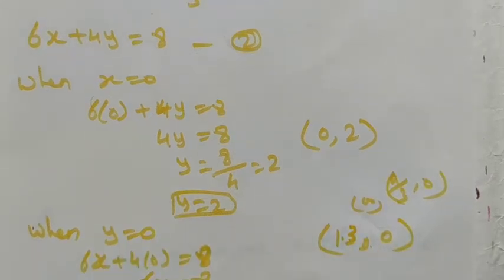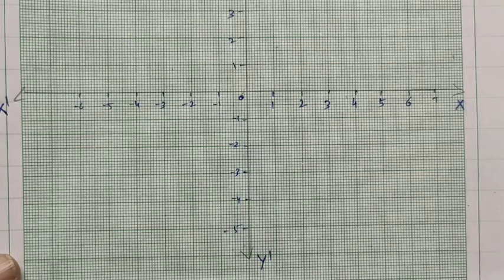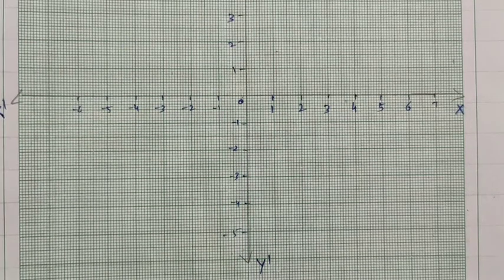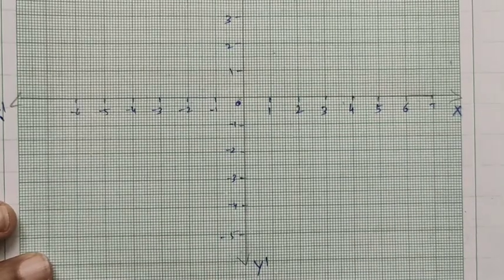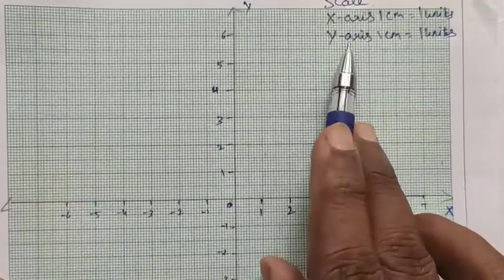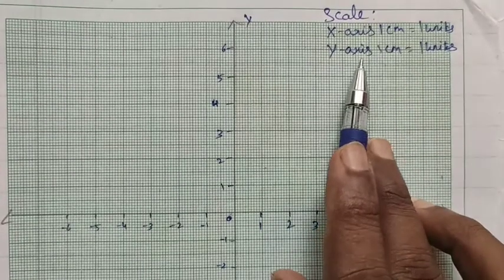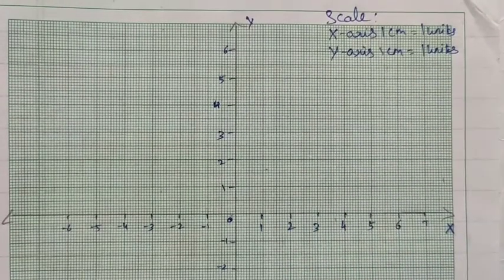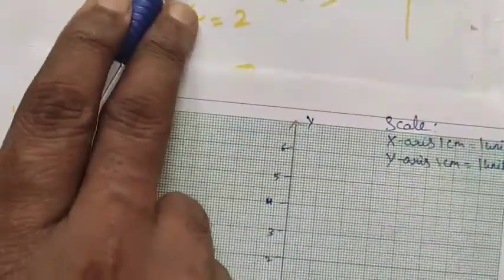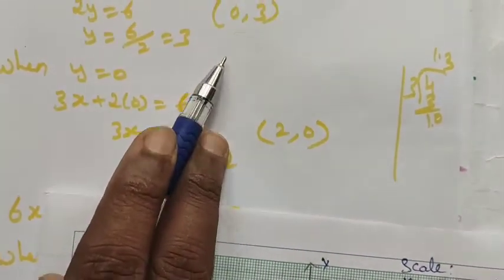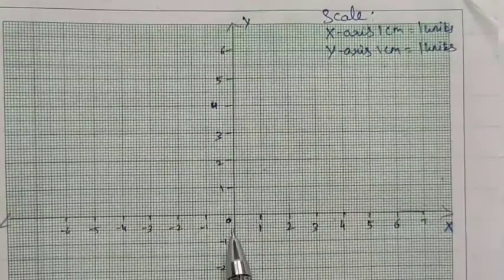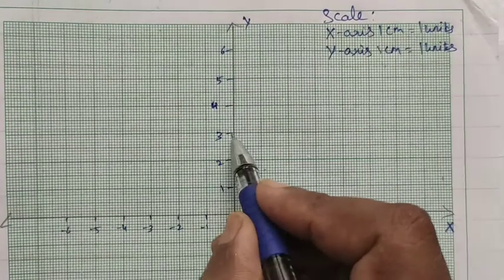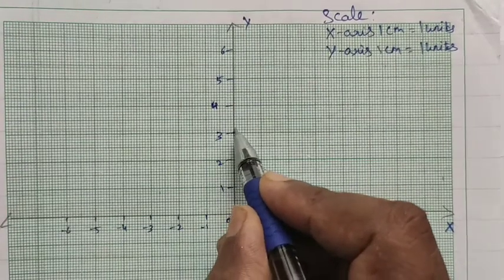Let's see the graph. Here I am using a pen to mark the points; you can use a pencil. Here the scale is x-axis 1 cm equal to 1 unit and y-axis 1 cm equal to 1 unit. For the first equation the ordered pairs are 0, 3 and 2, 0. The point 0, 3 lies on the y-axis.